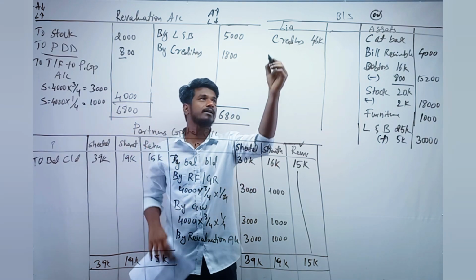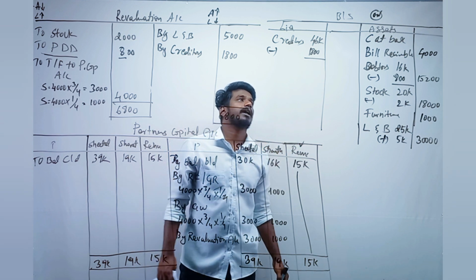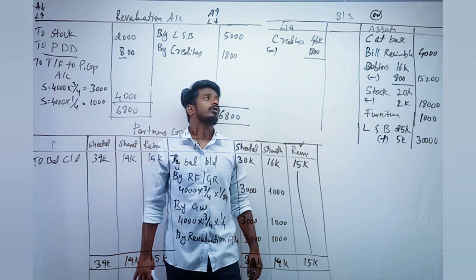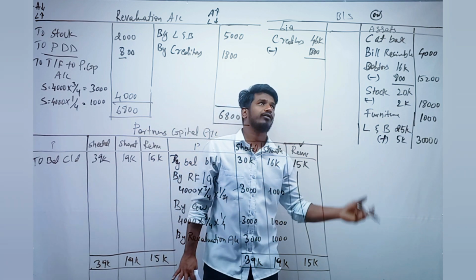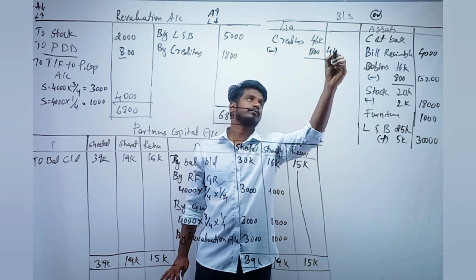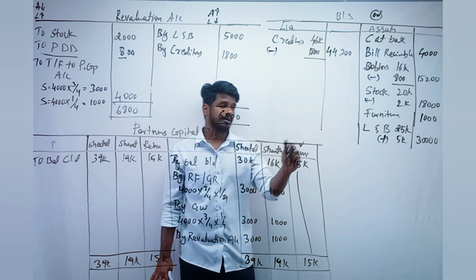Just minus 1,800, right. So it is 44,200. Just calculate it. If I am wrong, correct it.